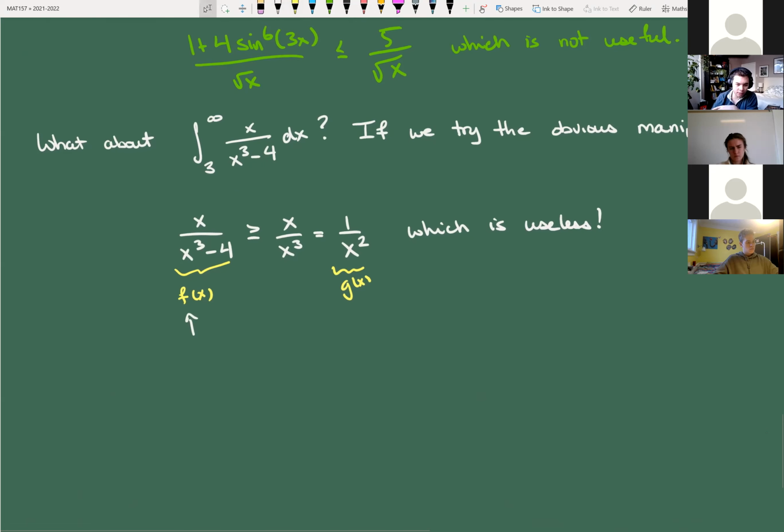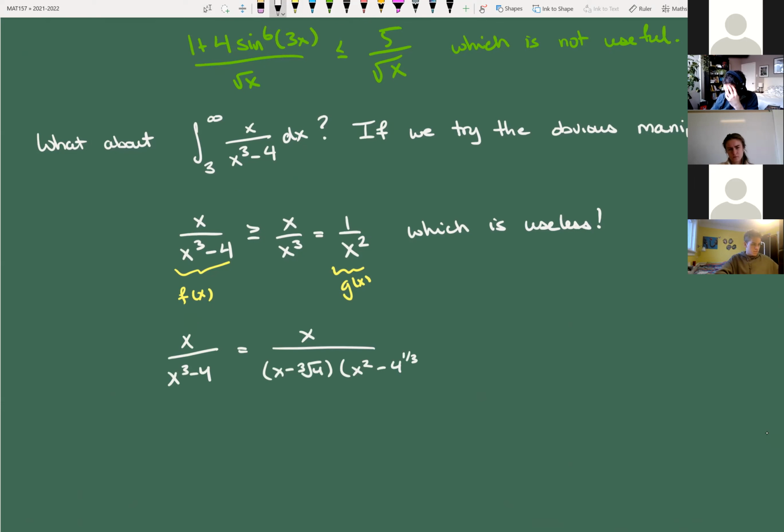I shouldn't have used x cubed minus 4. I didn't have any plans on actually doing this example, but if I were to do this, I'd probably do the following. I would write 1 over x cubed minus 4 as x divided by x minus the cube root of 4, times x squared plus 4 to the 1/3 x plus 4 to the 2/3. Maybe let me write it like this.